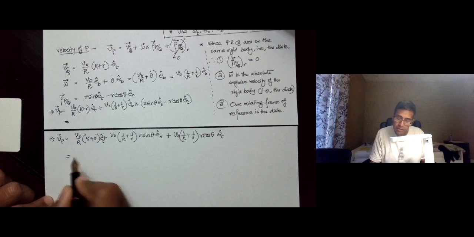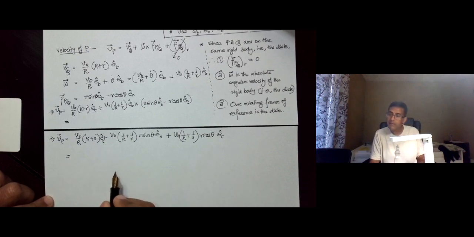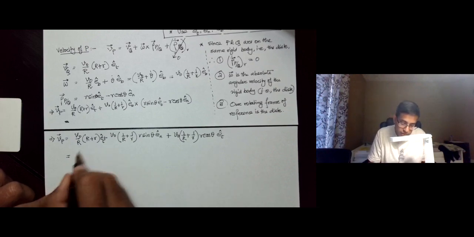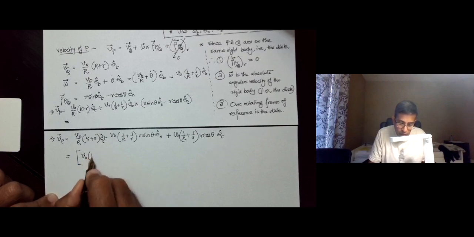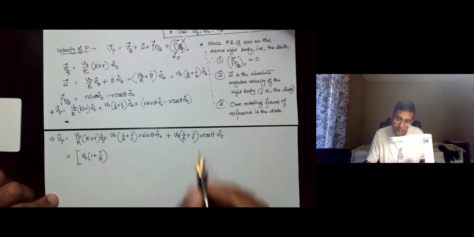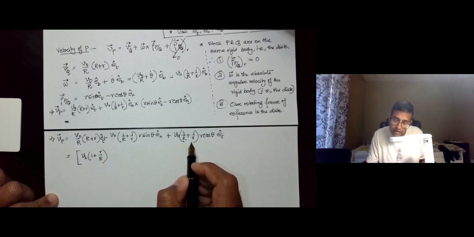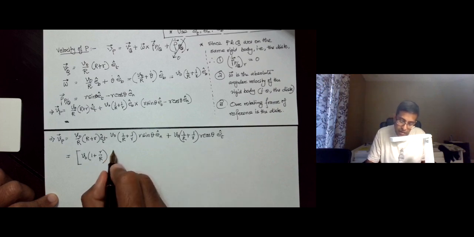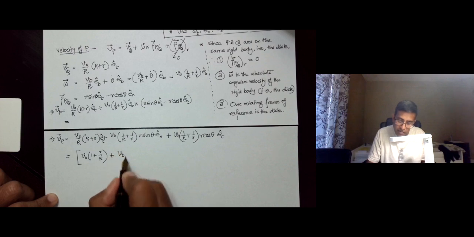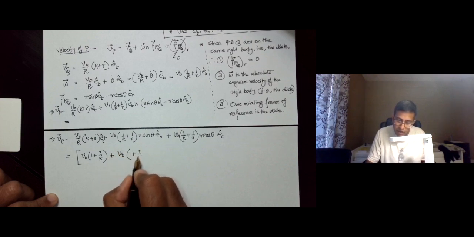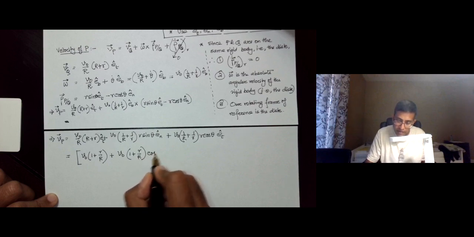We can now combine these two terms. So we have V0 times 1 plus r divided by capital R, and we can factor out the small r here, and then we will have V0 times 1 plus again small r divided by capital R, cosine theta.